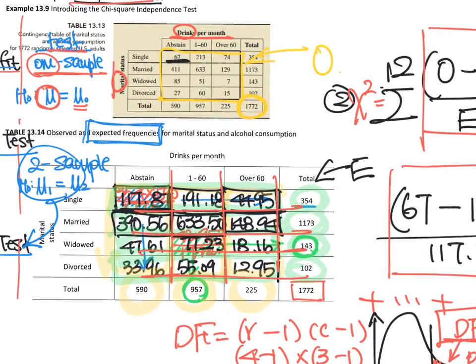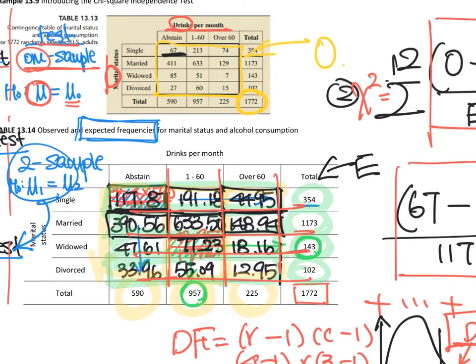So in more detail, we can compare the observed one and the expected one. Actually what we observed is only 67, but when we expect the frequencies under the null hypothesis, that means when we assume they are not related, they are independent, then we can expect it must be 117.